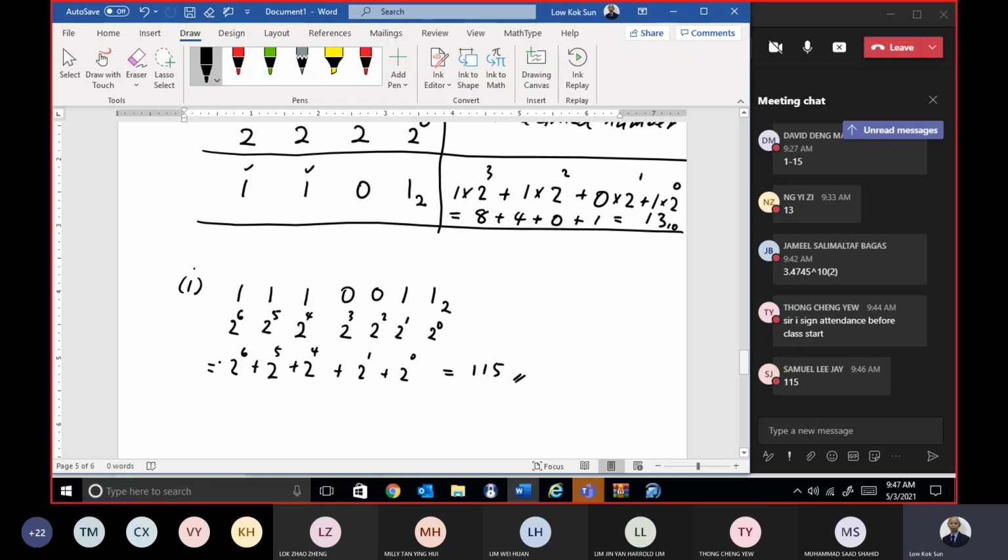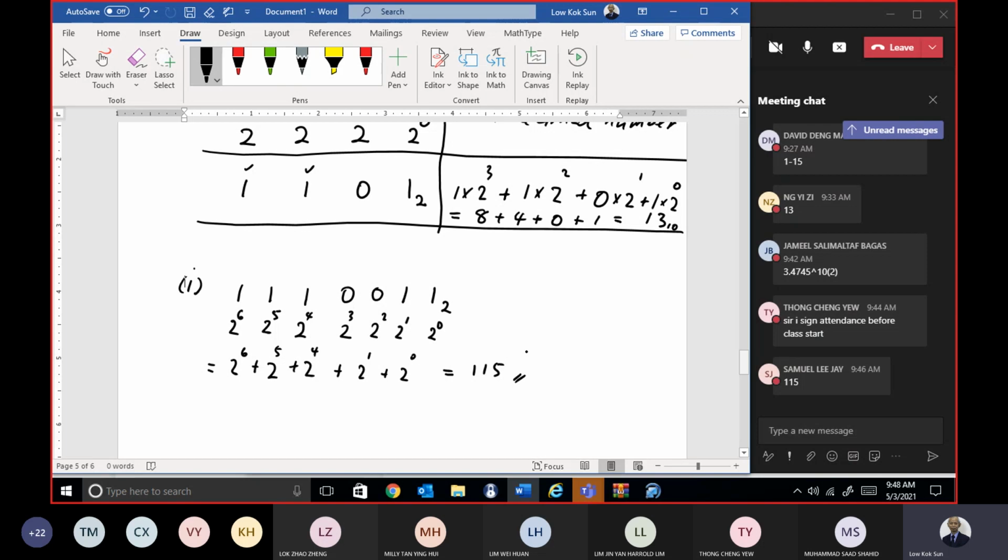So we know actually the old systems don't matter. Some systems are not important because of the modern world. We have the binary system, octal system, and hexadecimal system.